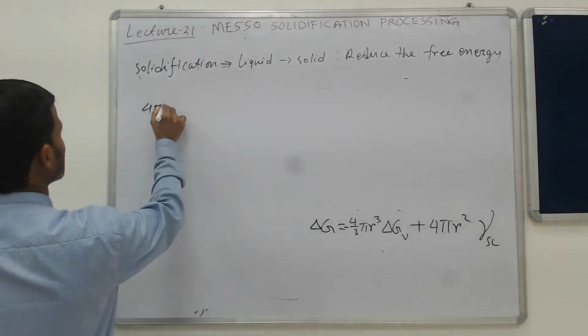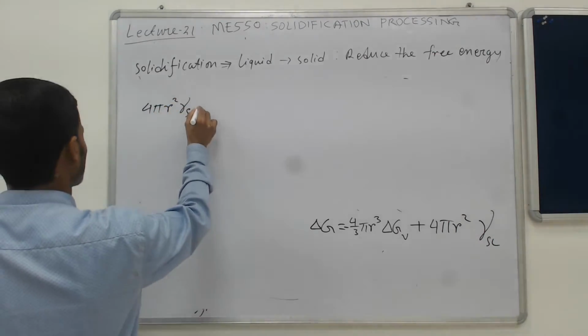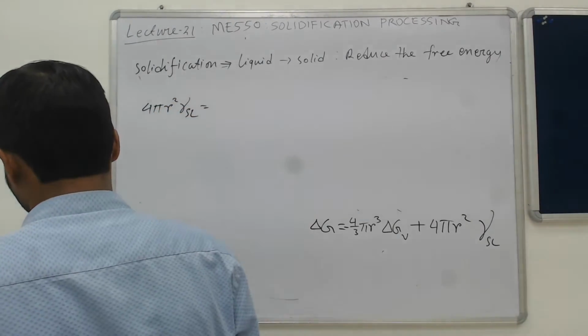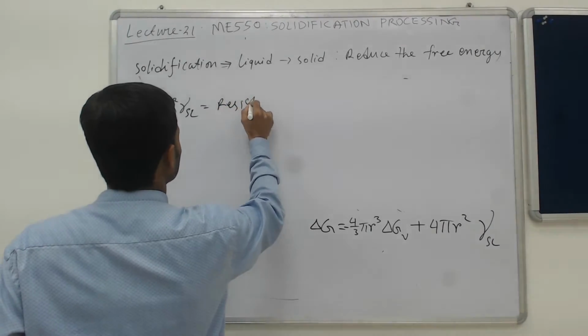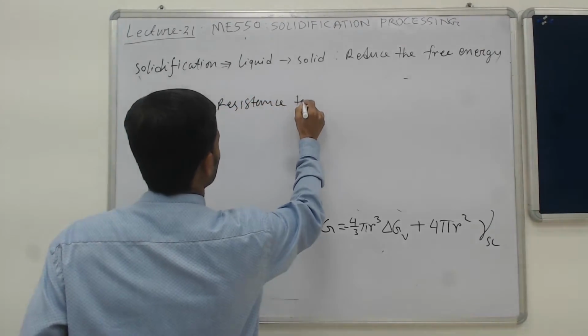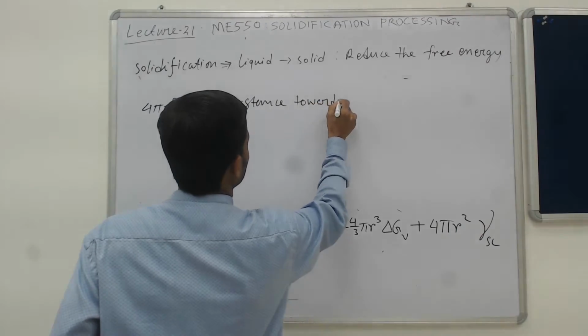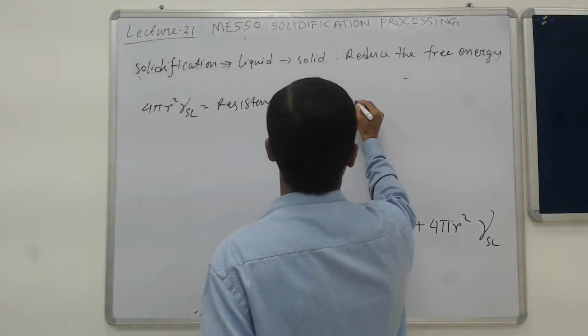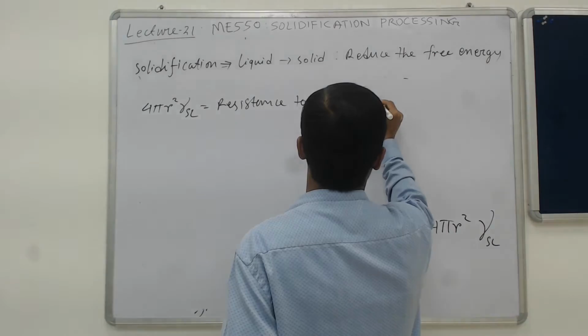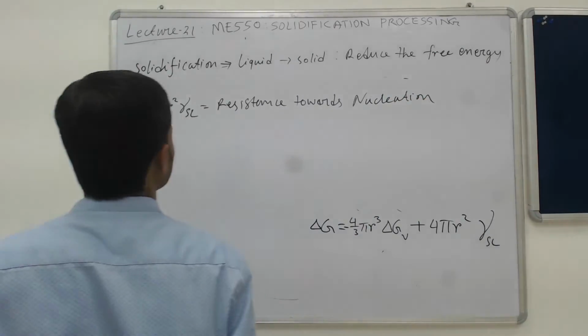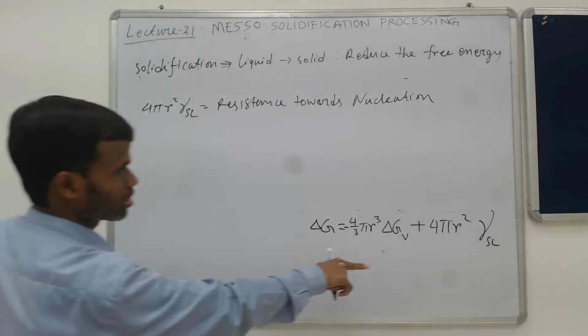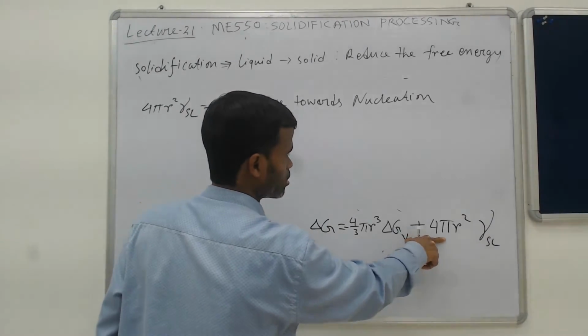The term 4 pi r square gamma SL provides the resistance towards nucleation, because its free energy change is positive.